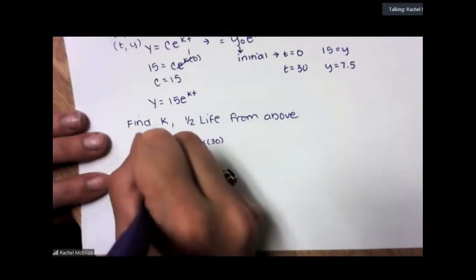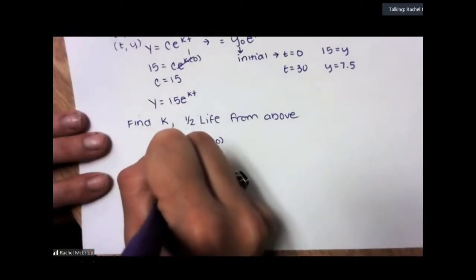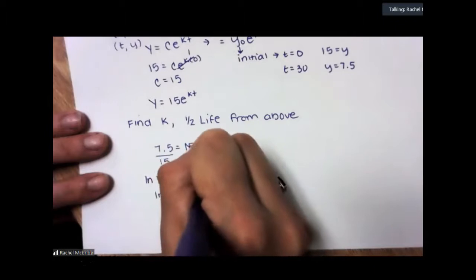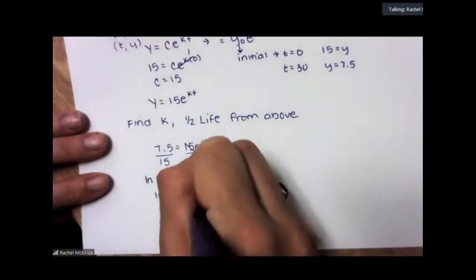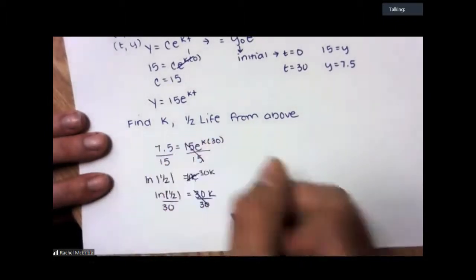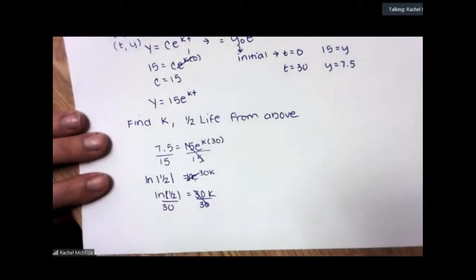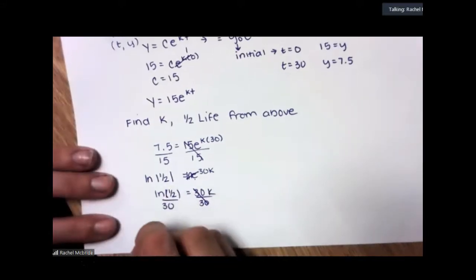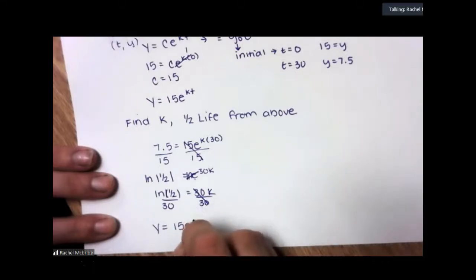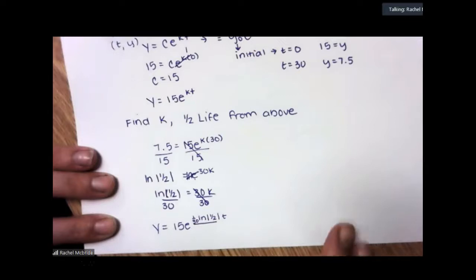So we get the natural log of 1/2 equals 30k, or k is equal to the natural log of 1/2 divided by 30. So now my y value is y equals 15e to the 1/30th natural log 1/2 t, because this represents k.